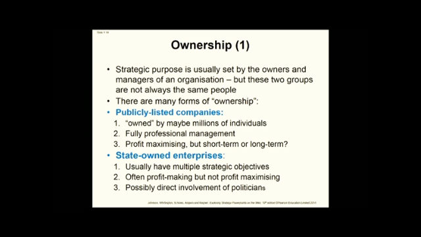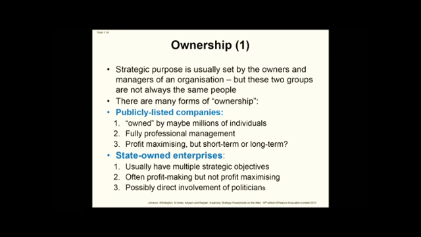So a publicly listed company may have millions of people on its ownership list, but it will have fully professional management. The owners, with almost no exceptions, have no direct part at all in the management of the company. The owners, through the board of directors, employ the chief executive officer, and then the board and the chief executive officer employ other managers.